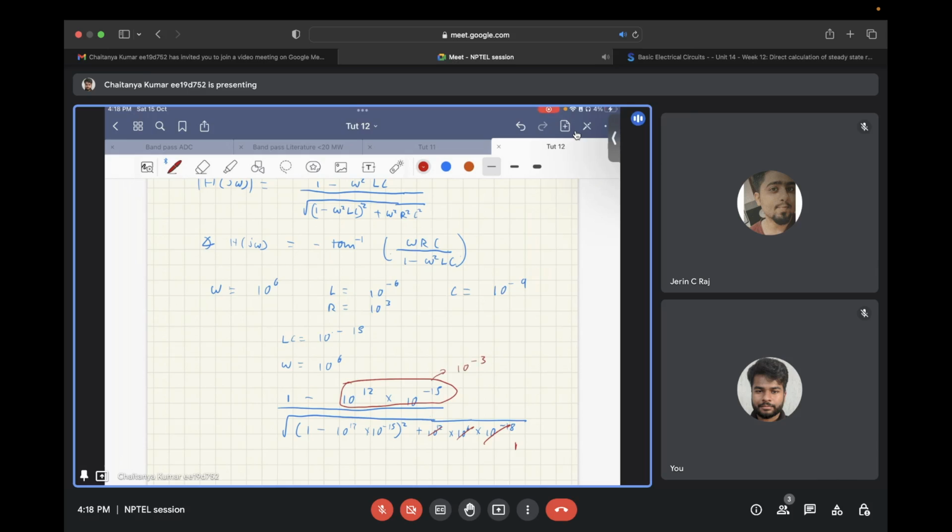Now 10 to the power minus 3 is much smaller than 1, so this value can be approximated and ignored, and the magnitude response will be almost equal to 1. Now the phase response.